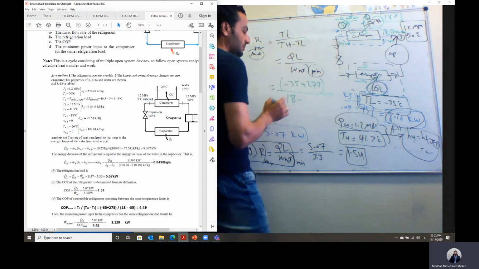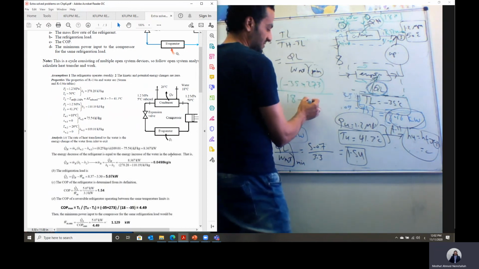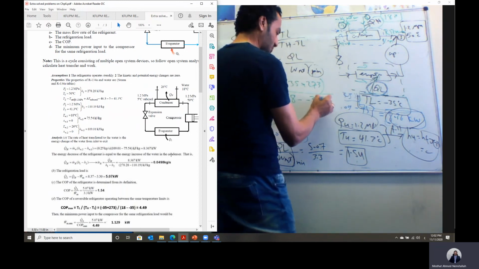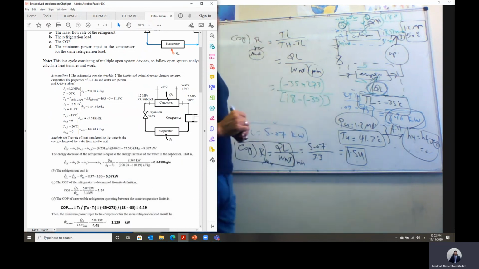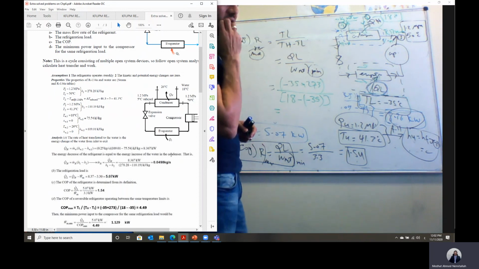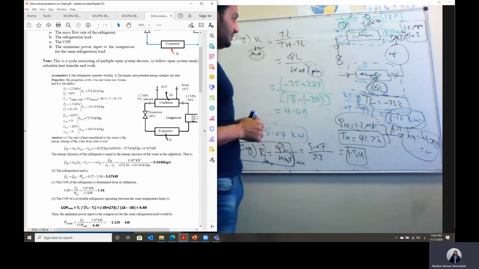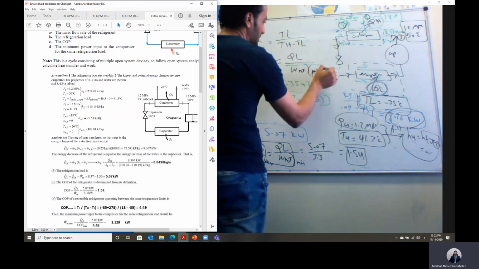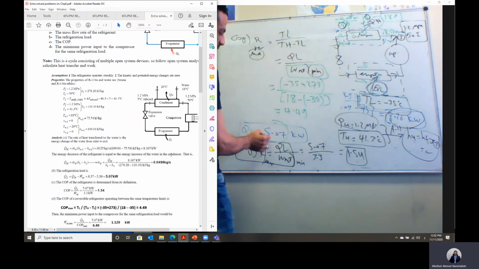So T high is equal to 18 minus T low. T low is equal to minus 35, so don't forget, it will be negative 35, so it will be positive at the end. Then you can substitute here to calculate the maximum coefficient of performance. It will be 4.59. But he needs us to calculate the minimum work input for the same cooling load, same Q low.